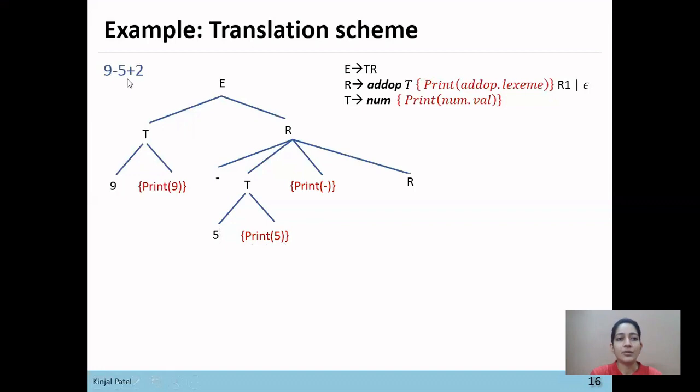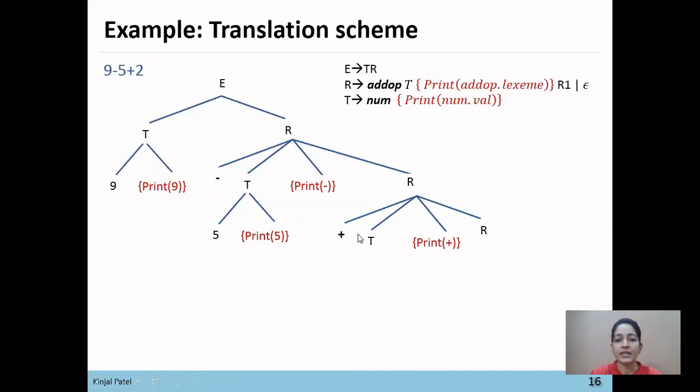Now next we want to perform plus 2. So from this R, we will derive the operation for plus. So here add operator. So the operator is plus. So plus, then T, then print addop.lexeme means the plus operator will get printed here. So print plus and R. Now here 9 minus 5 plus 2, the next digit is 2.